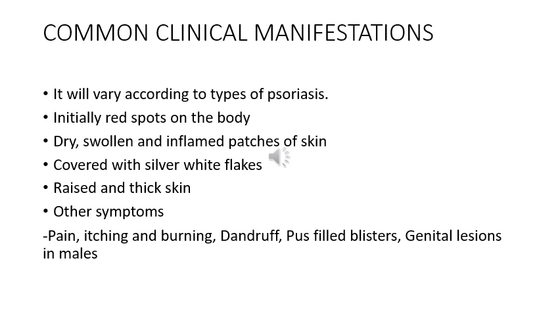That is early maturation, where immature keratinocytes are shed off and increased in number. Raised and thick skin. Other symptoms include pain, itching, burning sensation, presence of dandruff, pus-filled blisters, genital lesions in males, etc.